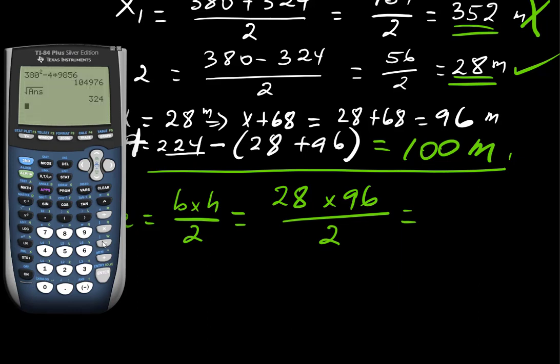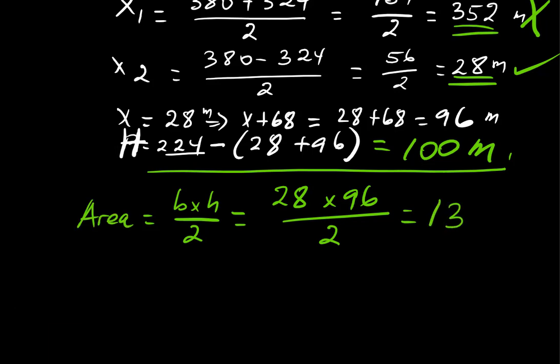You can say let's clear this. 28 times 96 equals, divided by 2 equals 1344. Okay, so 1344 square meters.